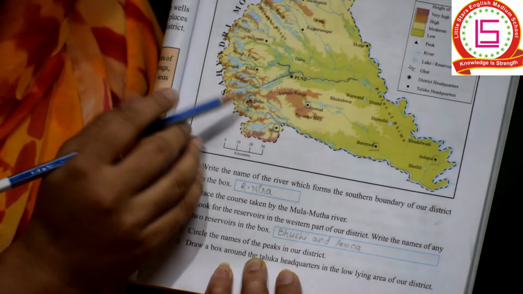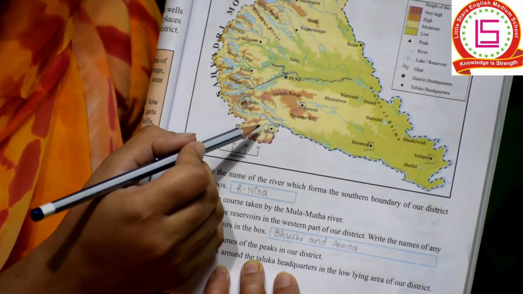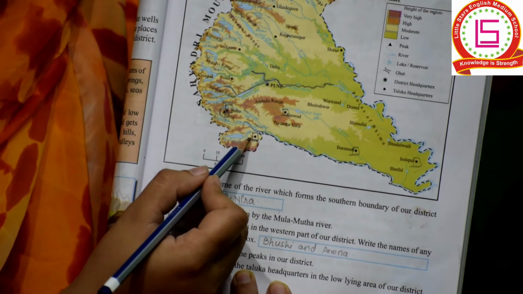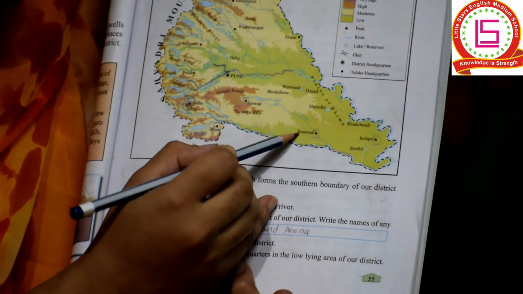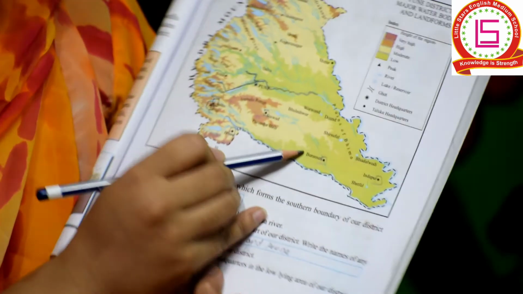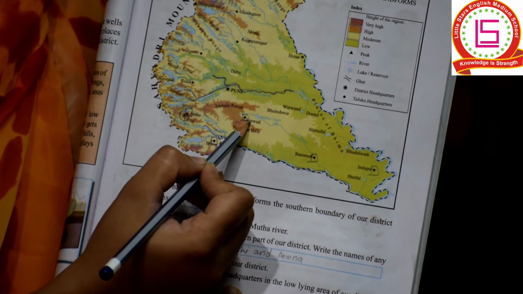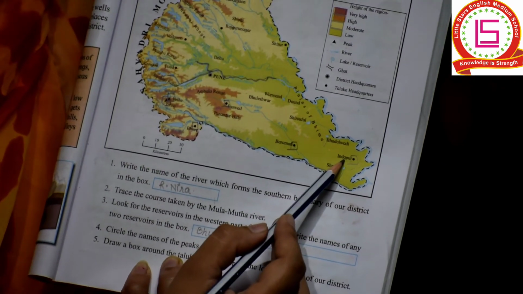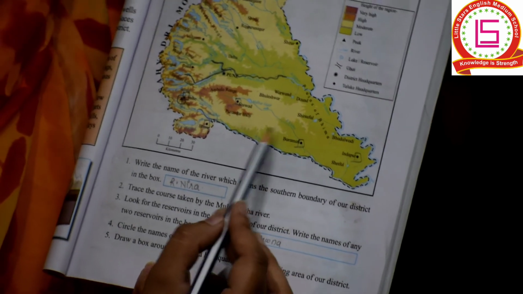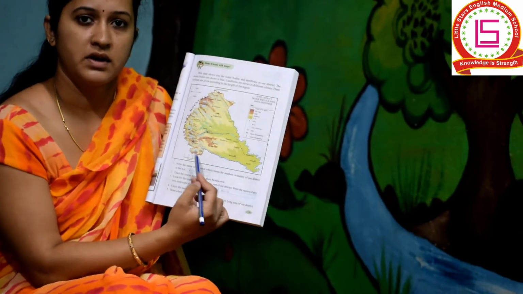First is Velhe. Second is Bhor. Third is Baramati. Here it is Saswad, and here it is Indapur. These are our taluka headquarters which are in the low-lying parts of our district.